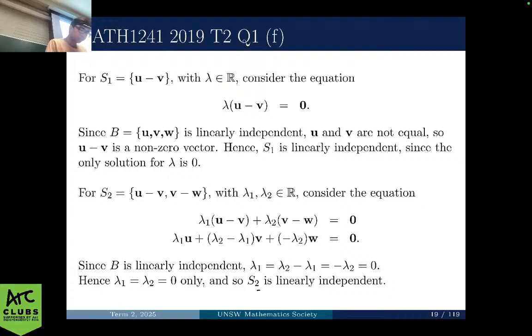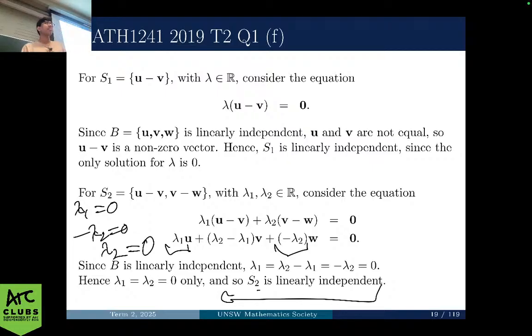But I can look at the others, and the others tell me a lot more. I know this term is 0, and I know this term is 0. So I know lambda 1 is 0, and I know negative lambda 2 is 0, so lambda 2 is 0. And so again, S2 is linearly independent. Does that make sense? Cool.